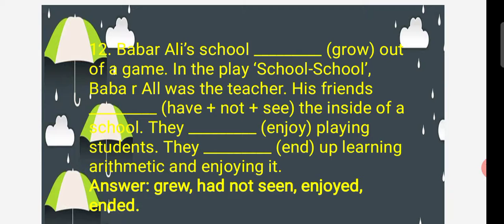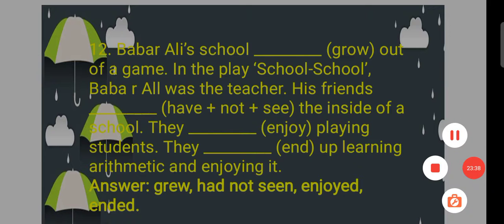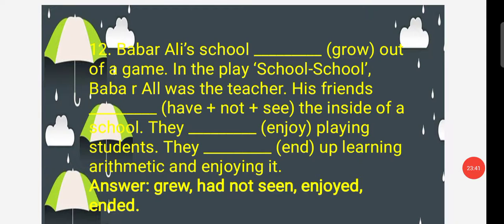They enjoyed playing. The students enjoy, past tense becomes enjoyed. They dash end, past tense is ended. They ended up learning arithmetic and enjoying it. So the full answer is: Babar Ali school grew out of a game. In the play school Babar Ali was the teacher. His friends had not seen the inside of a school. They enjoyed playing students. They ended up learning arithmetic and enjoying it.